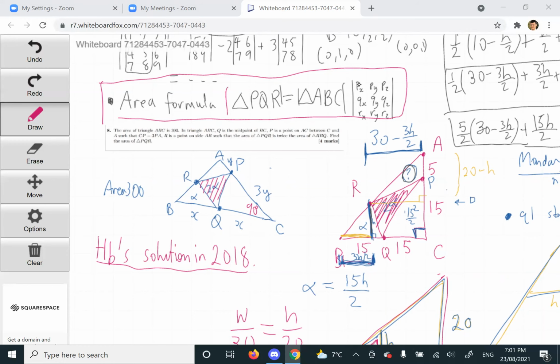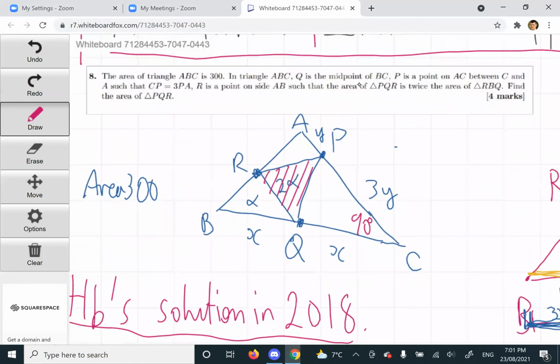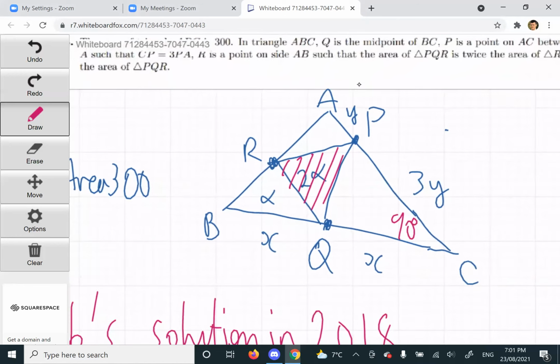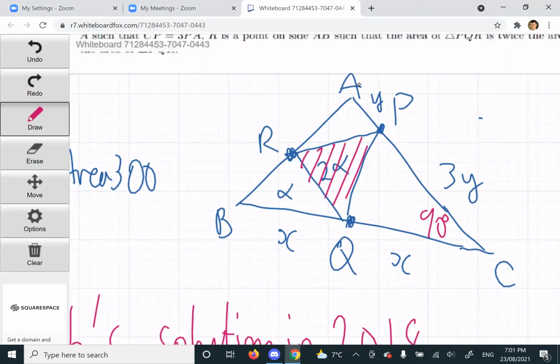Okay, so let's look at this question again. So this is the diagram. We're told that P divides AC in the ratio 1 to 3, right? And Q is a midpoint, and we don't know where R is, yeah? But we know that the area BRQ is half the area PQR, right?